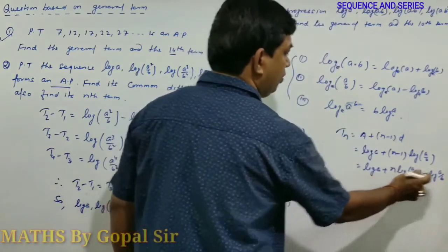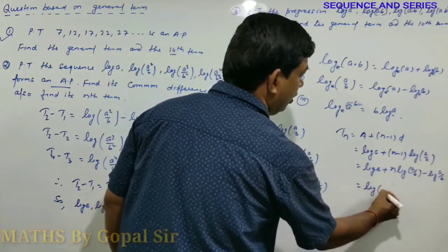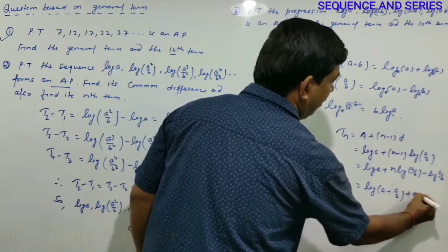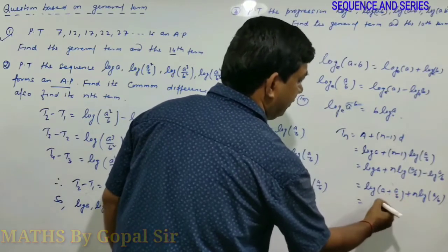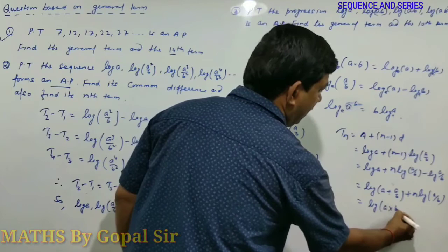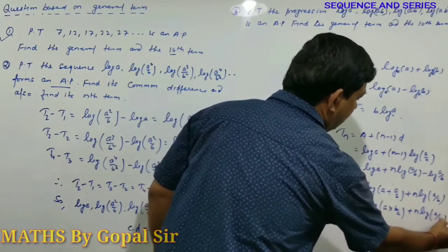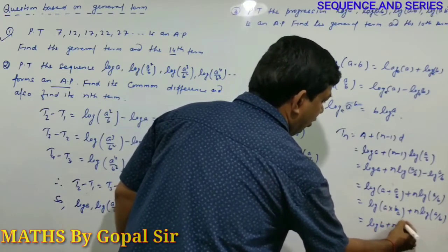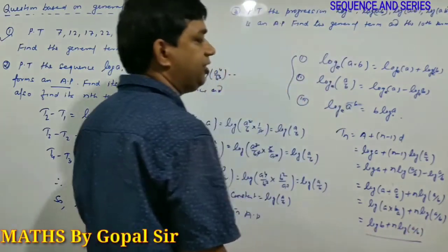We can solve these two: log a minus log a by b, plus n log a by b, we can write this as log a into b by a plus n log a by b. So we can write this as log b plus n log a by b. So this is your nth term.